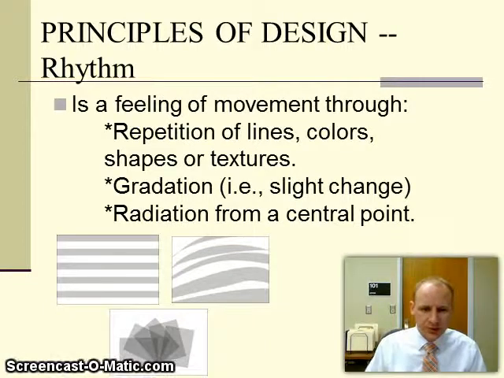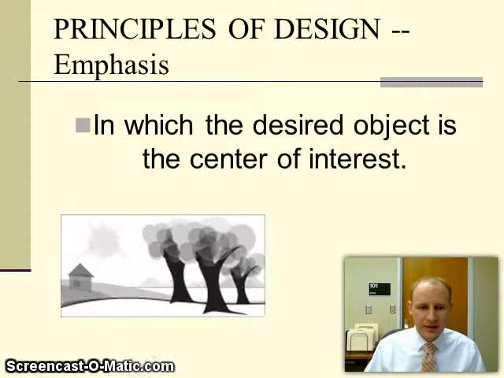In the first example, you can see repeating gray and white lines. In the second example, we have gradation, where it's still gray and white lines, but there's a little bit of a change, and yet there still is some rhythm to it. In the third example, the squares are rotated from a central point, the radiation, if you will. All of those create a different set of rhythm in our design.